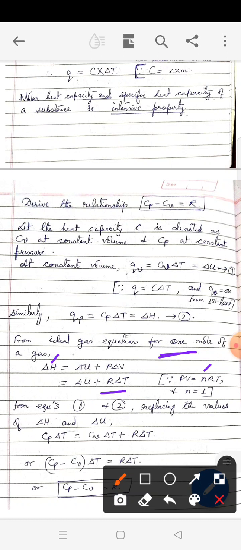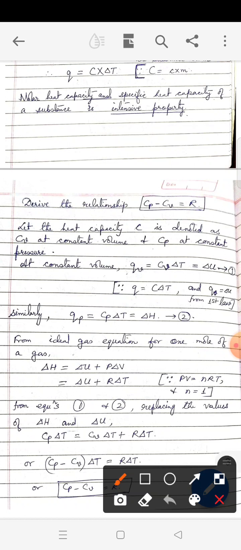Now we replace the value of delta H from equation 2 by Cp delta T, the value of delta U by Cv delta T, and R delta T is already there. So we have almost got the equation.